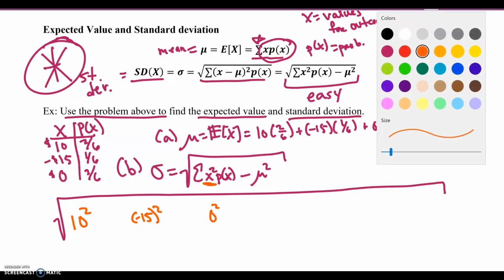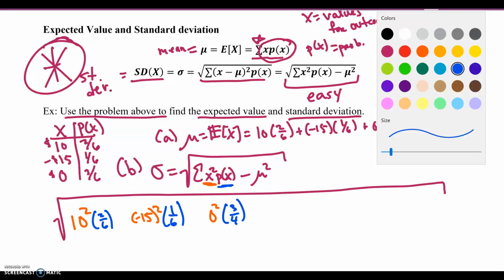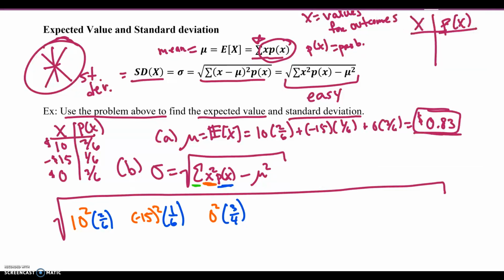The next thing I'm going to do is take all of my probabilities and multiply them by my squared numbers. So this is going to be 2 out of 6, 1 out of 6, and 3 out of 6. That's what that blue is telling me to do. Then I'm going to take this summation, which means I'm going to add all of these together.